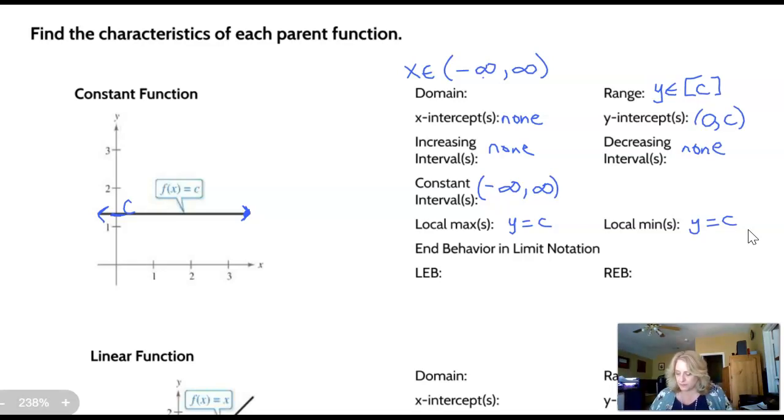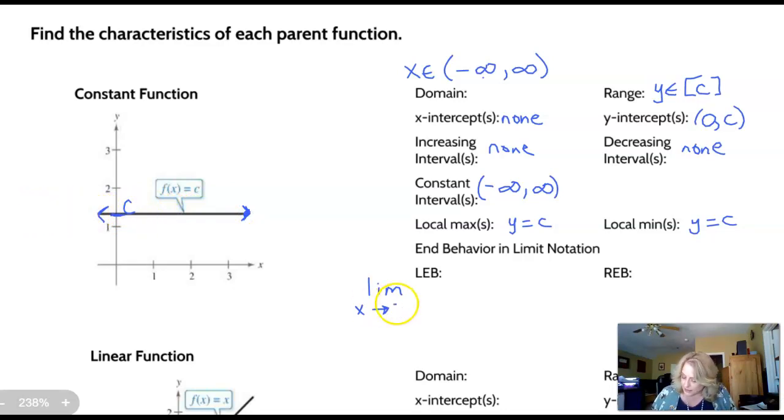And then the last part is the end behavior. And so you got to get used to writing this limit notation properly. So I write the LIM, and then underneath it I'm going to write x arrow, okay, so as x approaches. And then what is x approaching as we go lower, as we go left, where is x going? Well, it's just getting smaller and smaller, right?